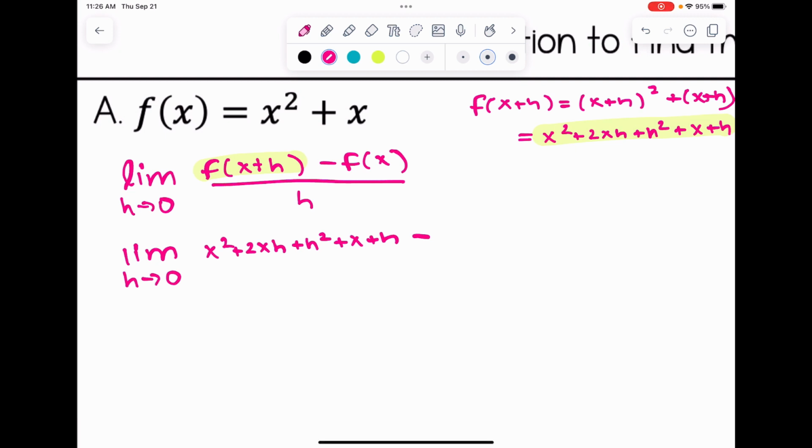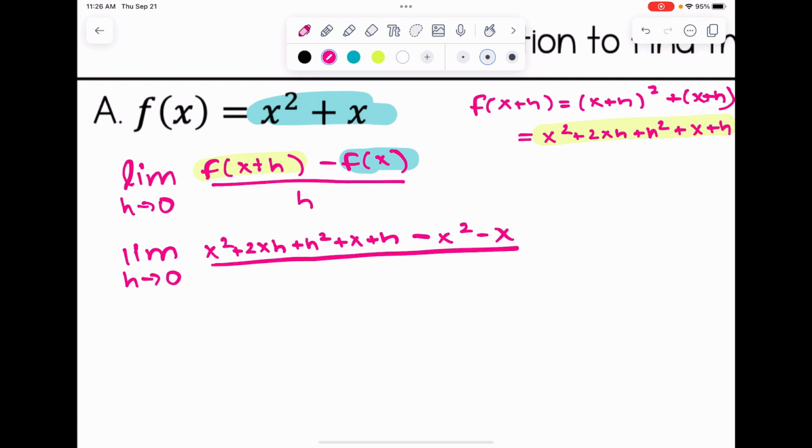And then we're going to subtract f of x, our original function here. So f of x is whatever our original function is. Distribute your negative there. So minus x squared minus x over h. Any term in the numerator that does not have an h should end up being simplified or canceled out.